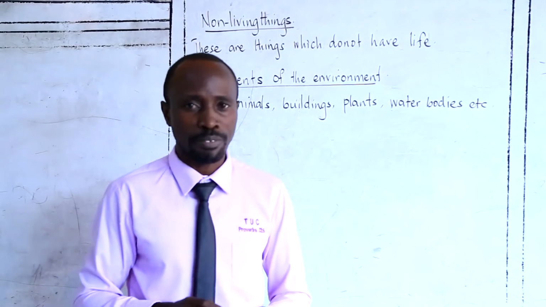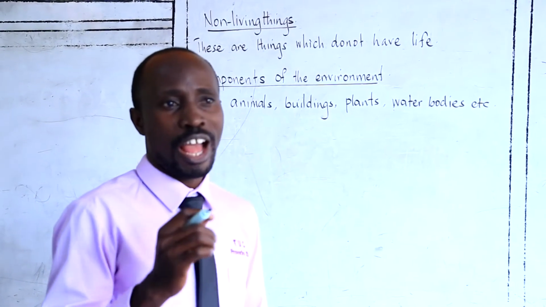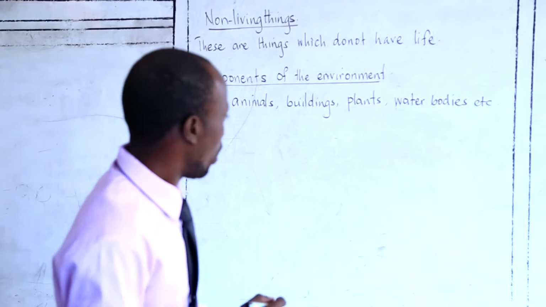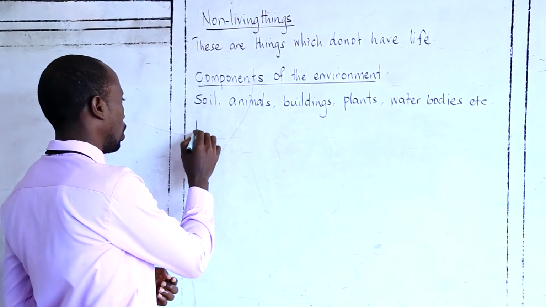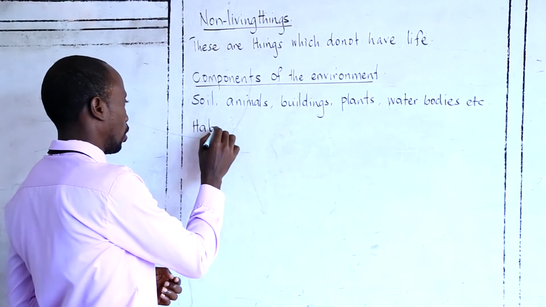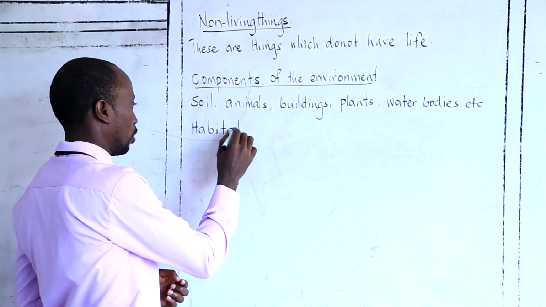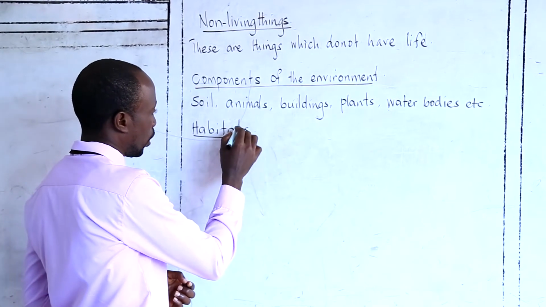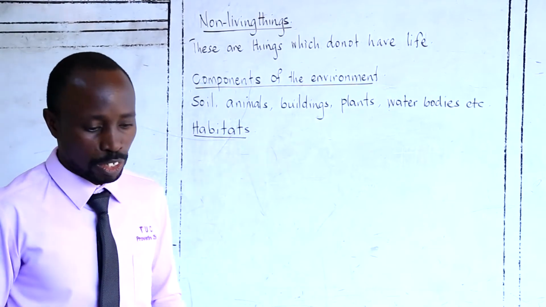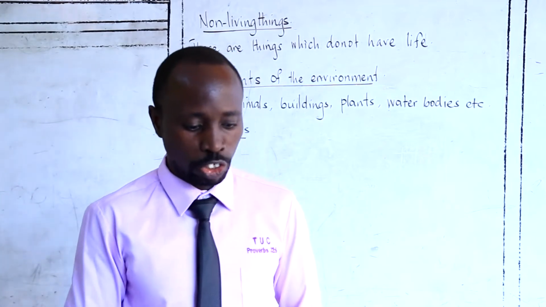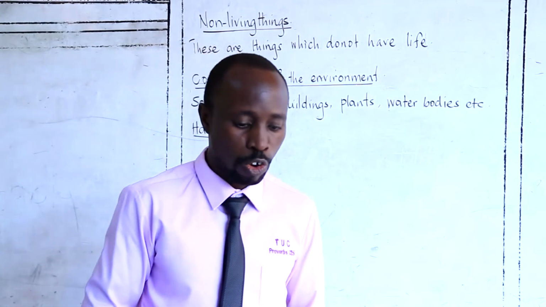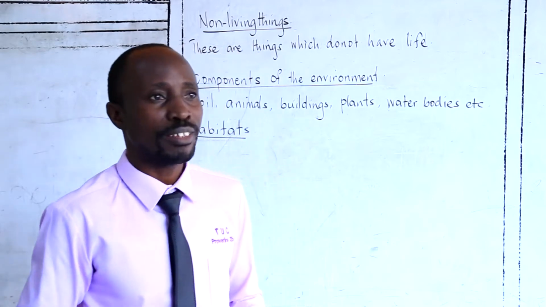We want to look at something else, and those are the habitats. What is a habitat? Habitats. This is very important in our study. Now, a habitat is a natural home of a living thing.